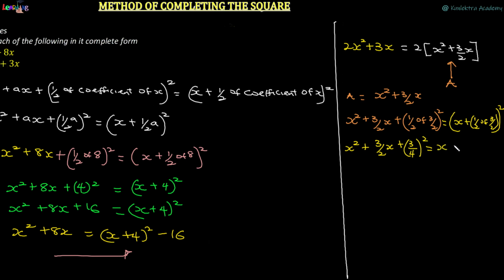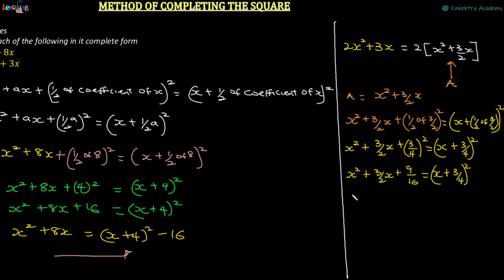Then you have x plus 3 over 4 squared. Now, here you have x squared plus 3 over 2 x plus 9 over 16 is equal to x plus 3 over 4 all squared.